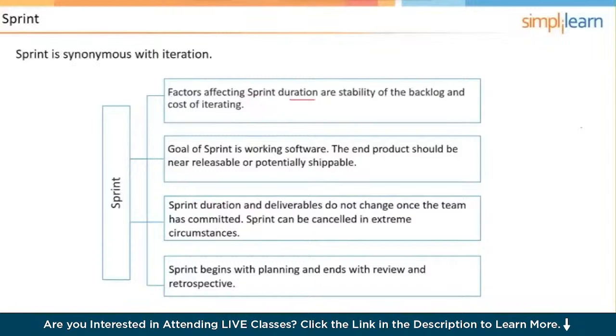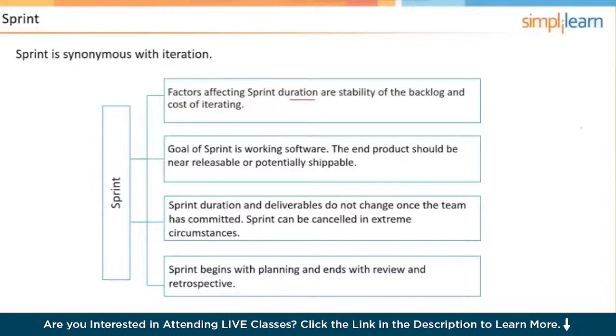If the product backlog is changing a great deal, then that's going to argue for shorter durations. Because there's a high level of uncertainty, and so you have a greater amount of control on your project if you have shorter sprints.